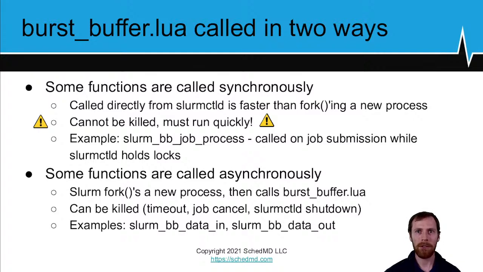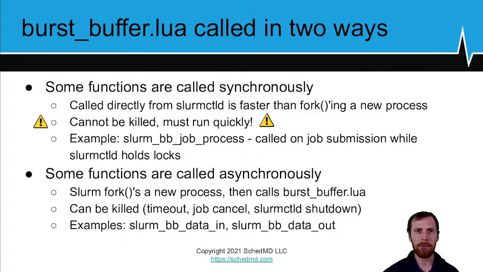The rest of the functions are called asynchronously. Slurm forks a new process, specifically slurmctld, or slurmscriptd rather, which we'll get to in a moment. And then that new process will call burstbuffer.lua.